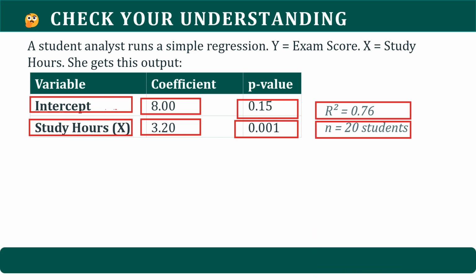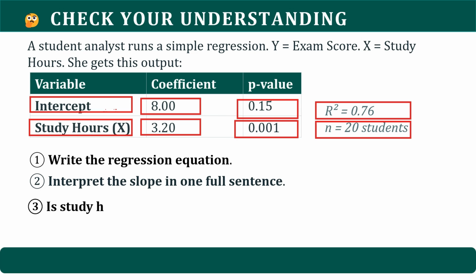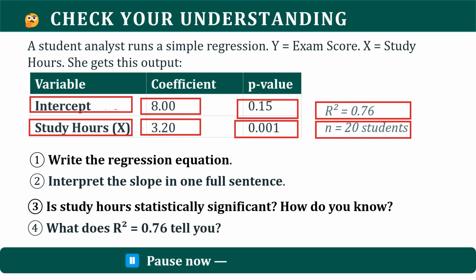Sample size 20. 4 questions. 1. Write the regression equation. 2. Interpret the slope in one full sentence. 3. Is study hours statistically significant and how do you know? 4. What does an R squared of 0.76 tell you? Pause the video right now. Give all 4 a real shot.